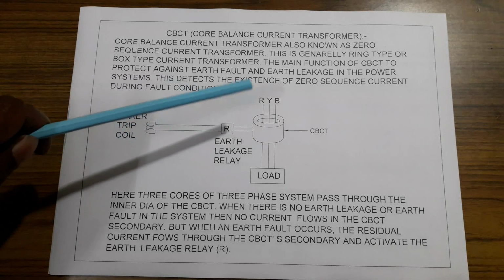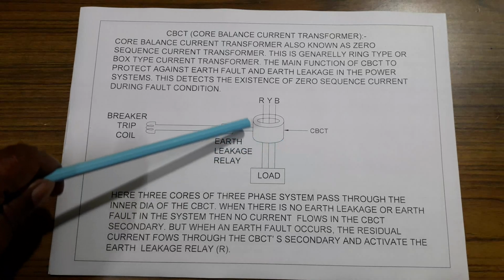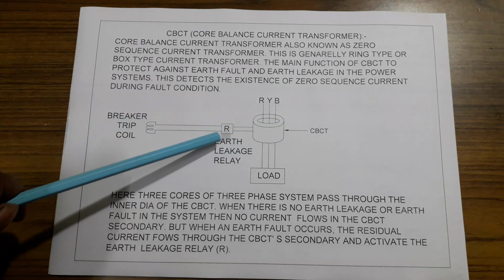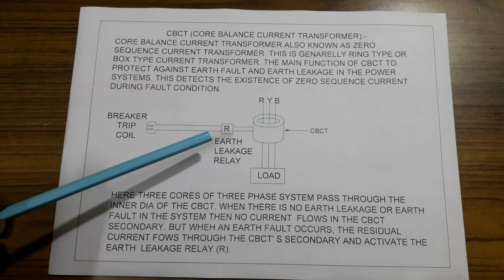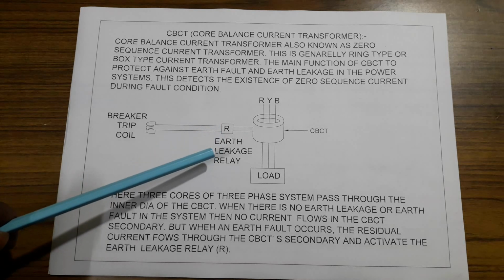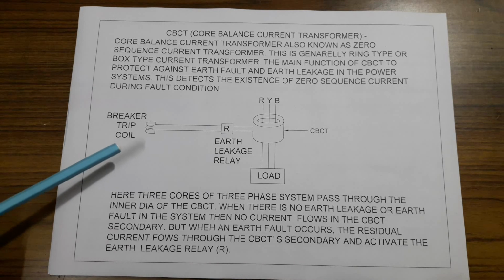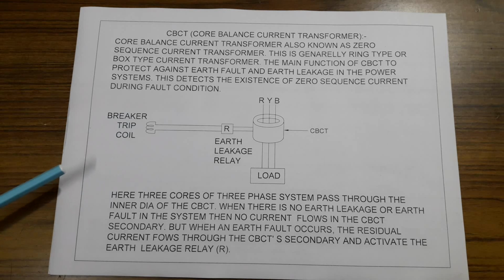When there is earth fault or earth leakage, the CBCT secondary sends a current to the earth leakage relay, and this earth leakage relay activates, and it also activates the breaker trip coil. Okay, next.